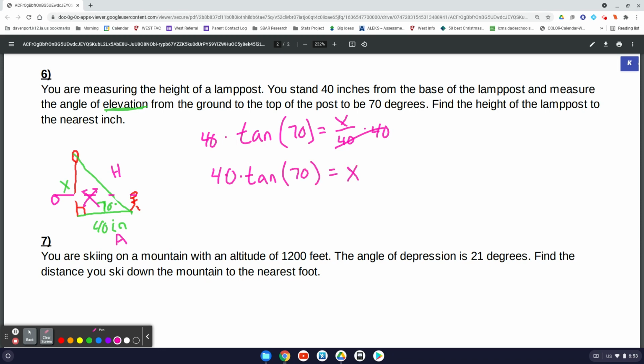So we have 40 times tangent of 70 equals x. Well, x is by itself, so I can type it in the calculator. Doing so, I get roughly 110 inches.